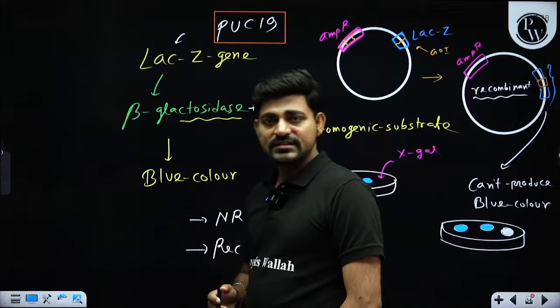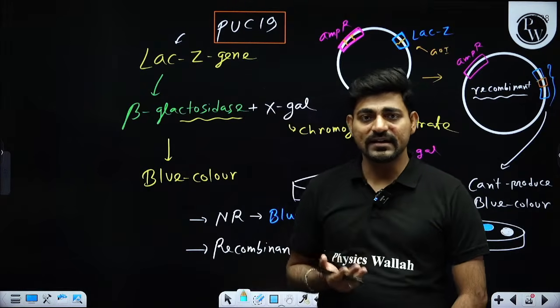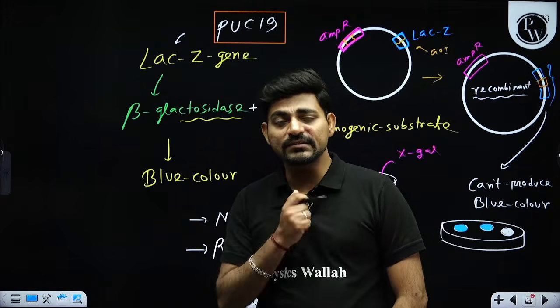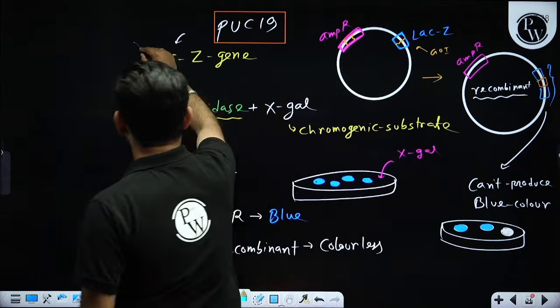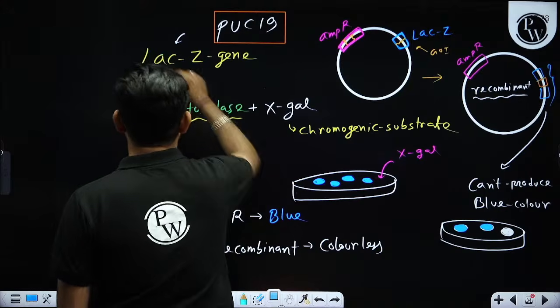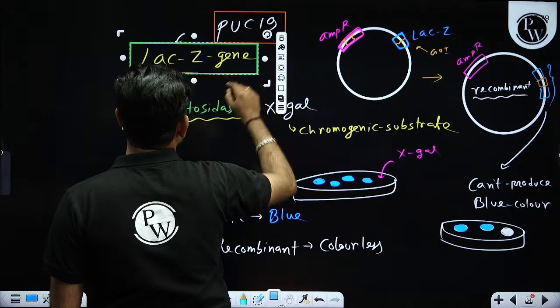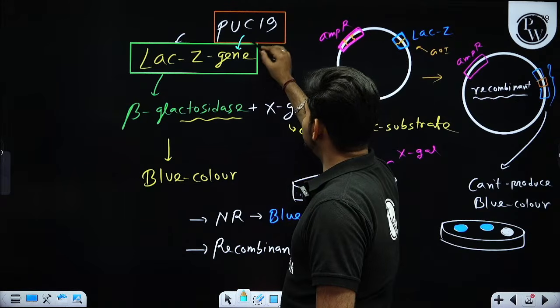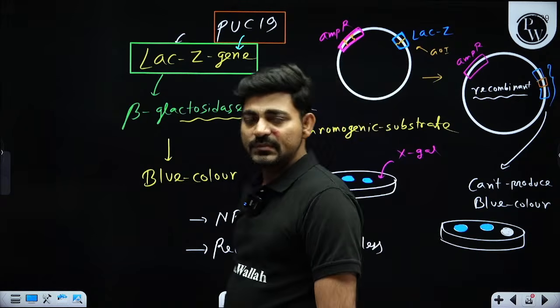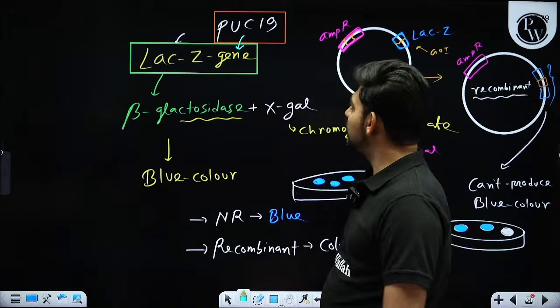scientists were searching for some alternative other than the antibiotic resistant gene, and luckily they got another gene called lacZ. They got another gene called the lacZ gene, and the plasmid was pUC19, plasmid of University of California.